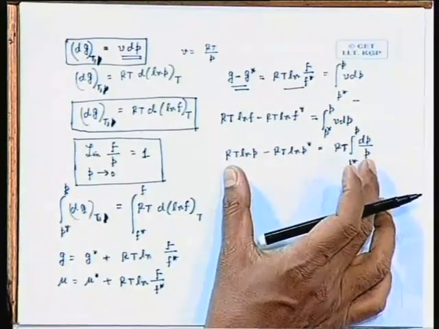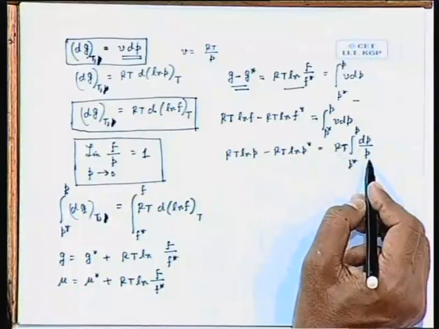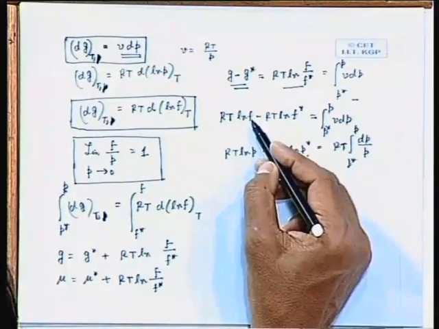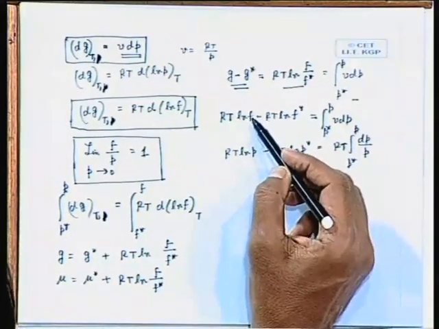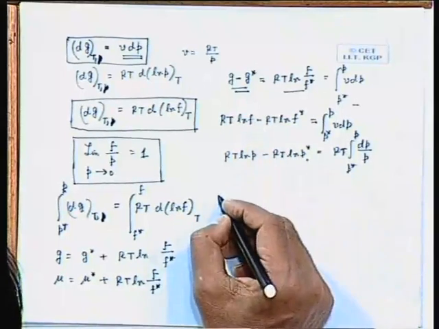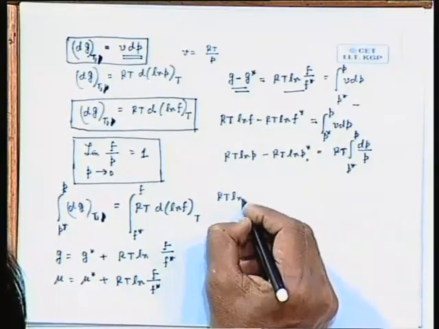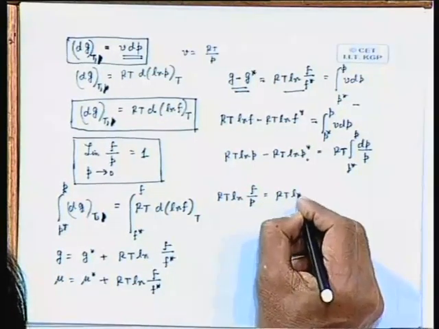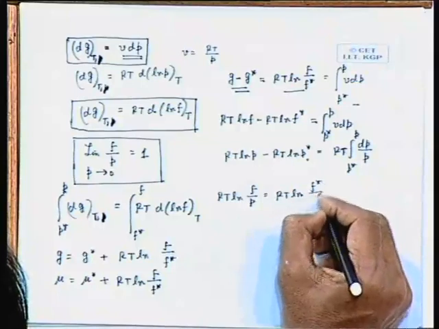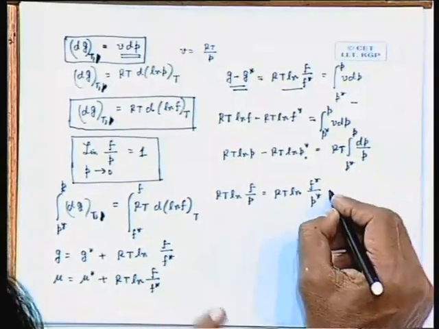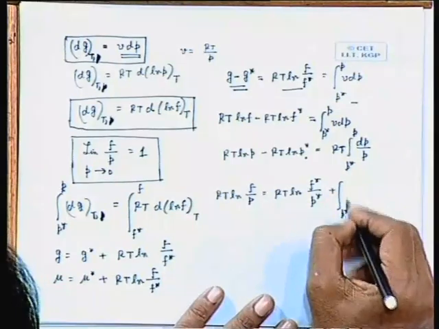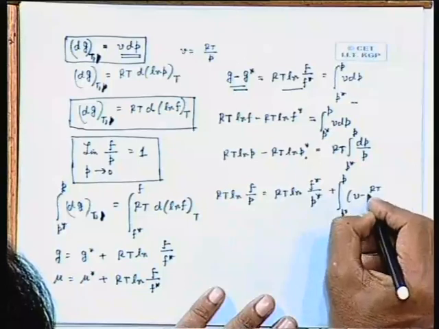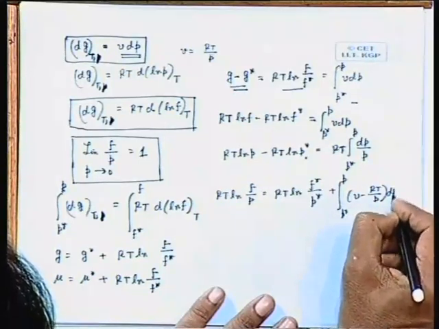This is an identity: RT times the integral of dP by P from P star to P is RT ln P minus RT ln P star. If I subtract this from the earlier equation, I get RT ln (f by P) is equal to RT ln (f star by P star) plus the integral from P star to P of (V minus RT by P) dP.